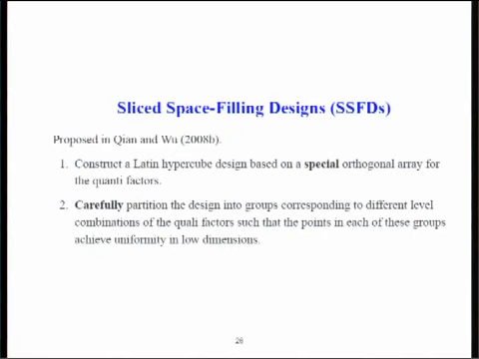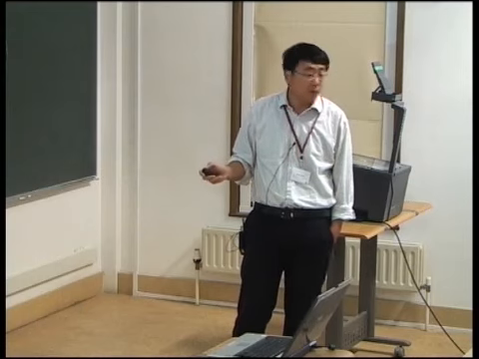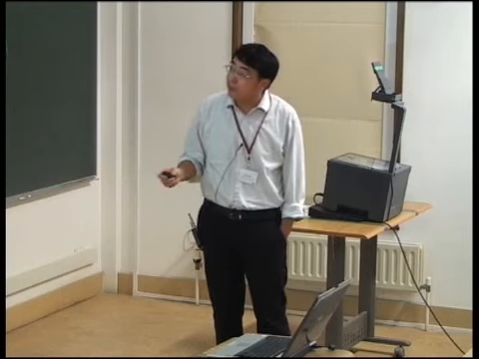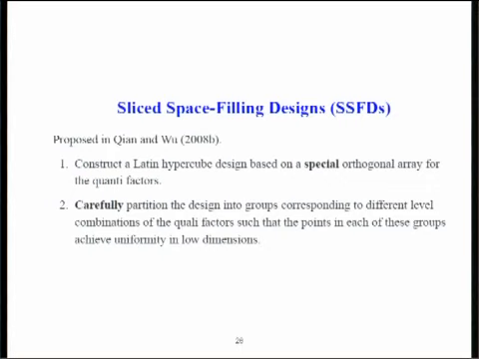For this one, we need to very carefully choose a very specific orthogonal array, and based on this one, get a Latin hypercube. Then the second step, we do partitioning. We partition this one into different groups, and each group corresponds to a level combination of categorical factors. So after this partition, the other portions are space-filling.